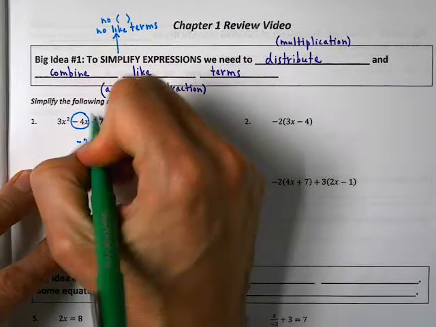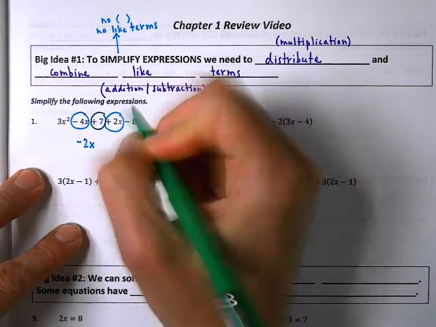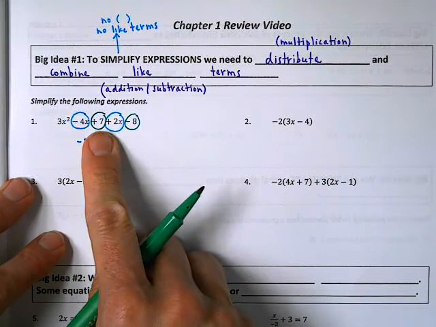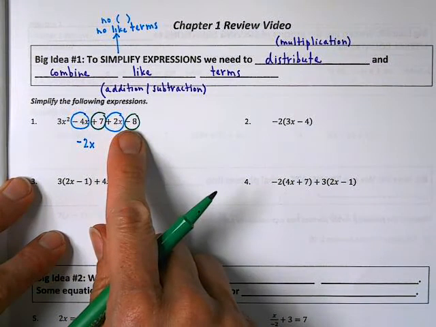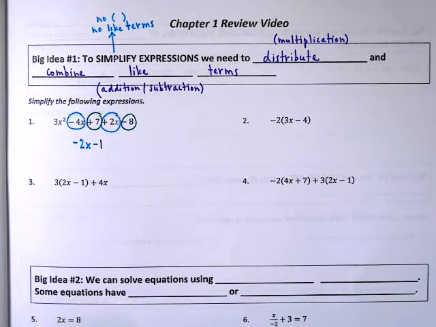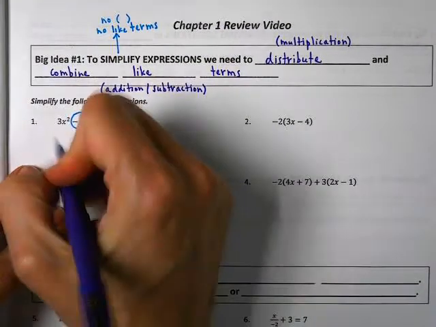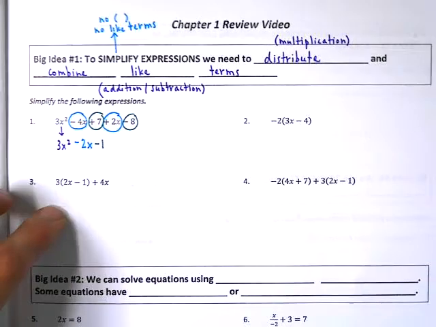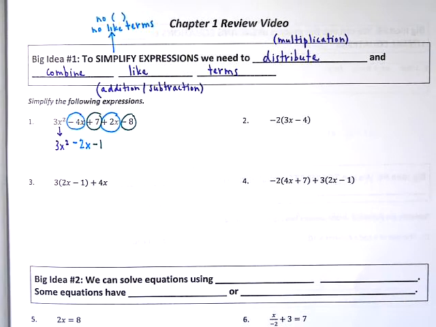Now I see that I have some constants here. I have a positive 7 minus 8. Again, I'm going to subtract those because I see that minus. So 7 minus 8 gives me a negative 1. And then I'm just going to bring that 3x squared down. And that would be my simplified expression.